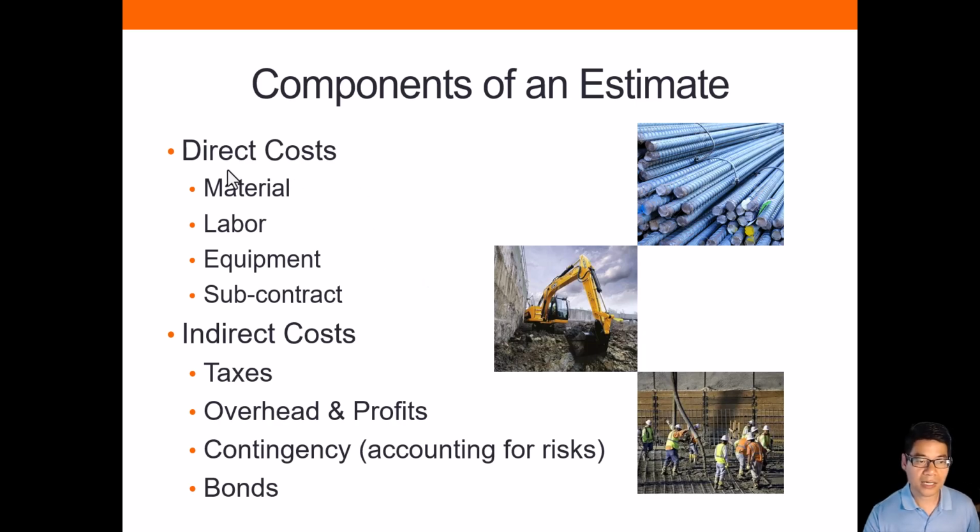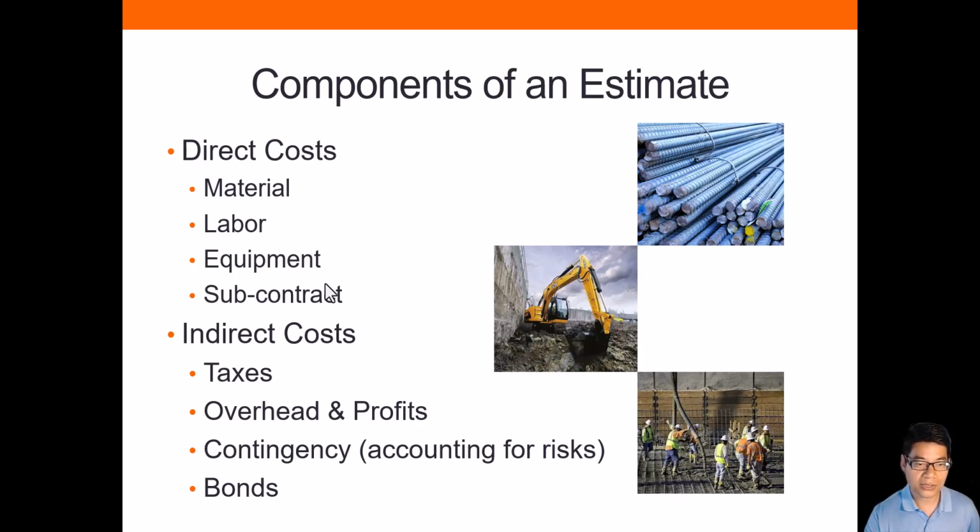The items listed under direct costs are more visible. If you look at a component in a construction project, such as a beam, you can definitely tell there are materials going into the beam, there is labor going into it, and there is equipment needed to pour the concrete or lift things up.